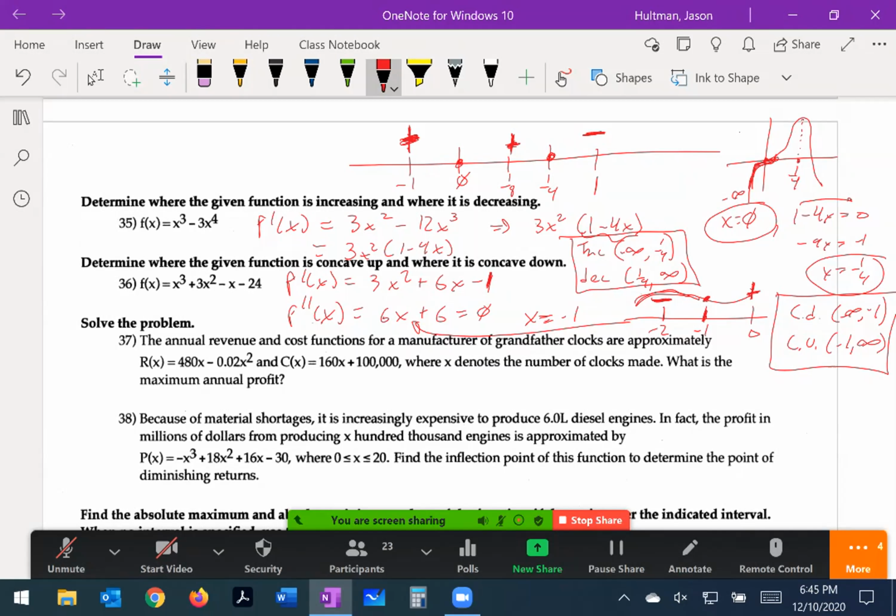Do I teach any higher math? It depends. I do teach Calc 2 during the summer. I teach Calc 1, Calc 2, Calc 3 sometimes during the summer. Sometimes I teach stats in the spring.